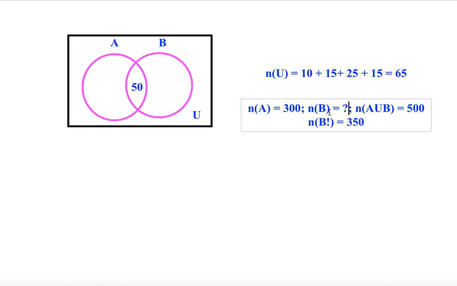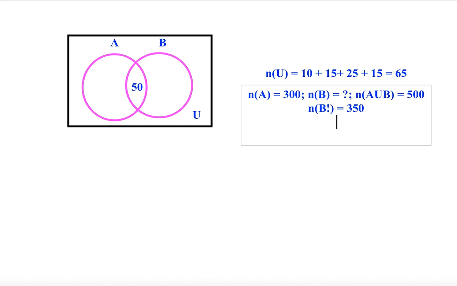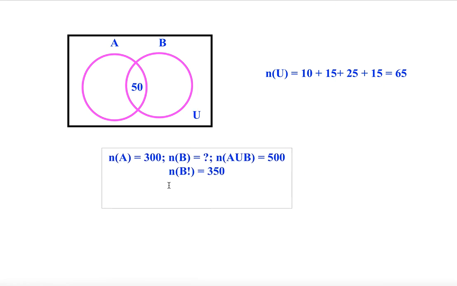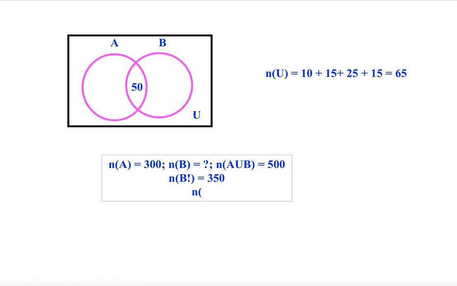What is N of B? N of A intersection B formula. From the A intersection B formula you can find N of B, right? A intersection B is given, A union B is given. Okay, so N of B equal to N of A plus N of B minus N of A intersection B is your N of A union B, right?